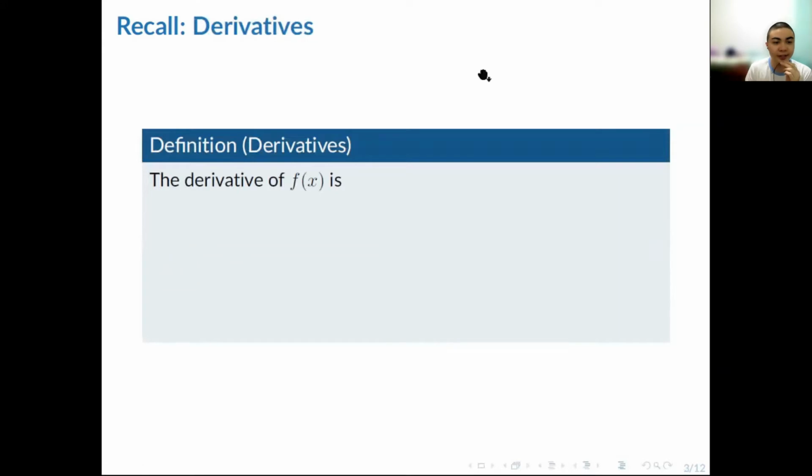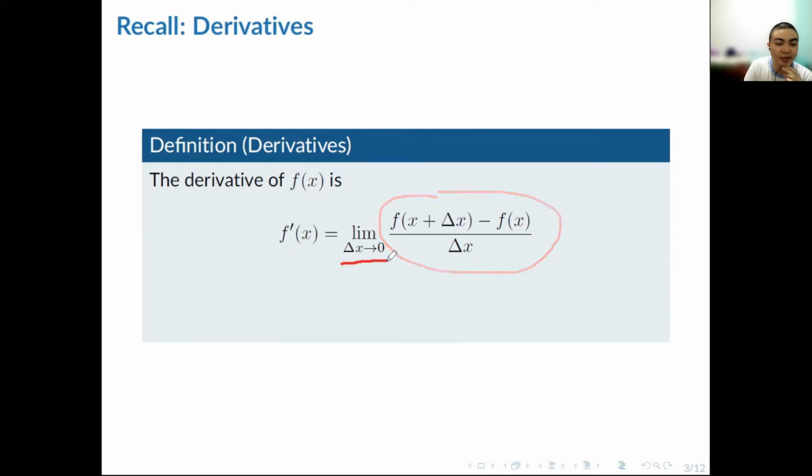So recall din natin yung definition ng derivative. So the derivative of f of x is this one, f prime of x equals the limit of this one as delta x approaches 0. So very familiar kasi nakita nyo na yung similar form nga dun sa pag-review natin ng concept ng tangent line or ng slope ng tangent line.